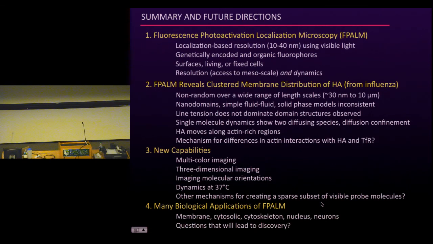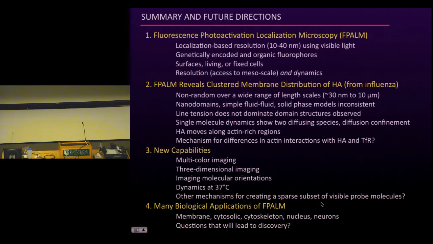We found it very non-random, although the range of cluster sizes was quite broad, so not what you'd predict for a simple fluid-fluid coexistence model. In fact, we're basically shooting down 3 models of membrane structure that had been in contention. And what looks more important is actin interactions with the membrane that seem to inhibit the diffusion of molecules over large distances, or large being hundreds of nanometers.